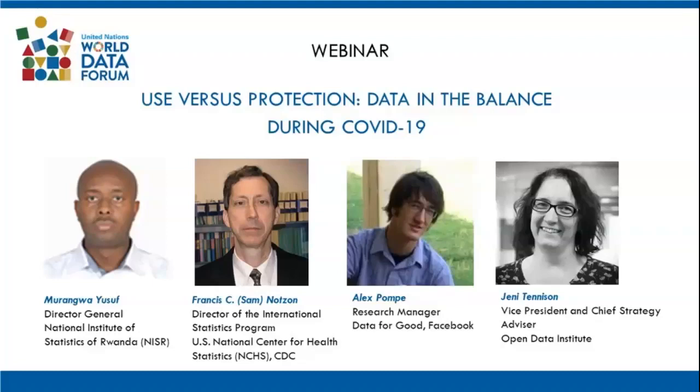The Data for Good team, of course, is a specific team within Facebook. But I'm curious if there are examples of partnerships that you simply say no to or just don't do because of issues around trust or reputation, or how Facebook might impact a partnership with a public sector organization. Is there anything that you have to say on that?